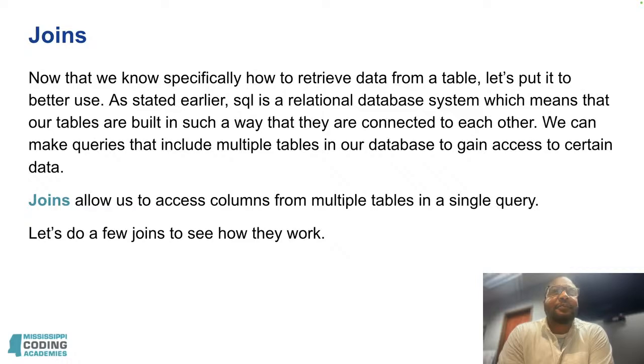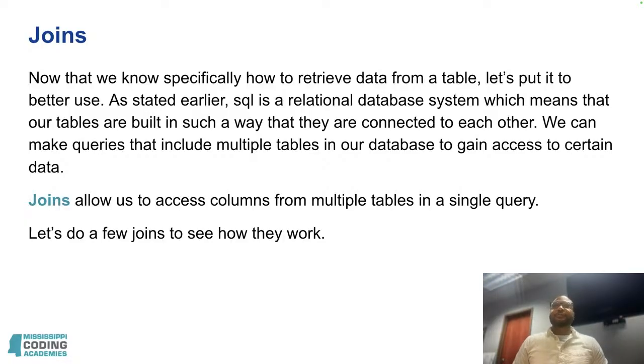But as we mentioned earlier, SQL is a relational database system. So the tables are built in such a way that they can connect to each other. And so what we can do is make queries that include multiple tables.